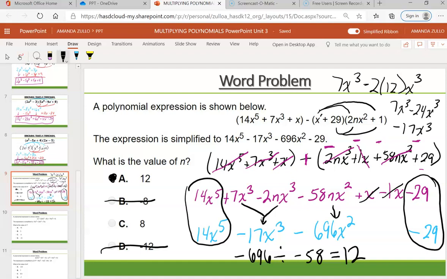It's easier to figure out your answer if there's only one n that you're dealing with. All right? No combining terms. You take the numbers or the coefficients and divide. Whatever your answer is here is your answer there. I have two more examples. I'll show you them in the next video.